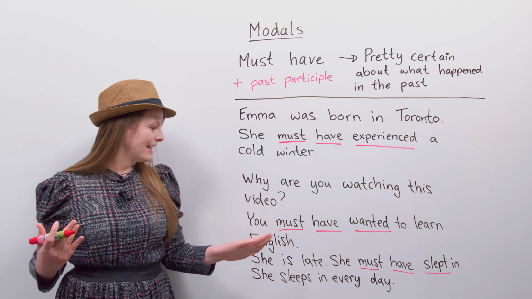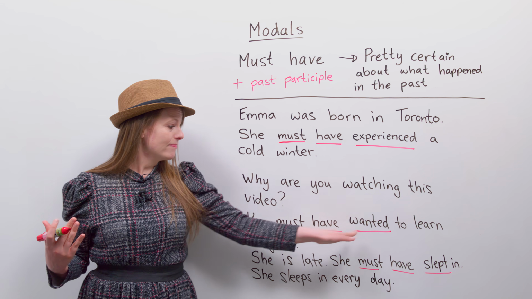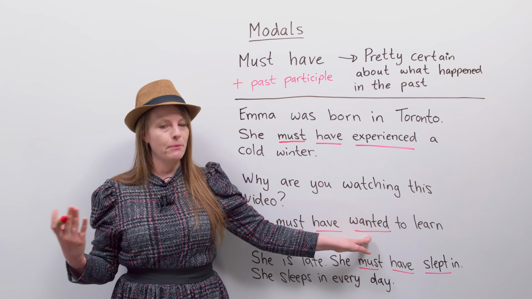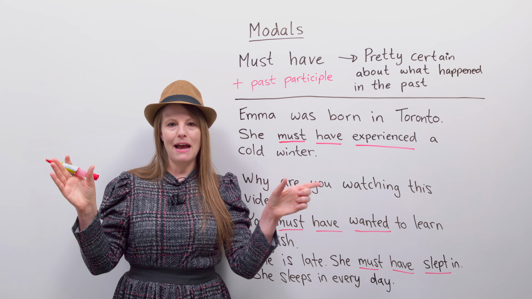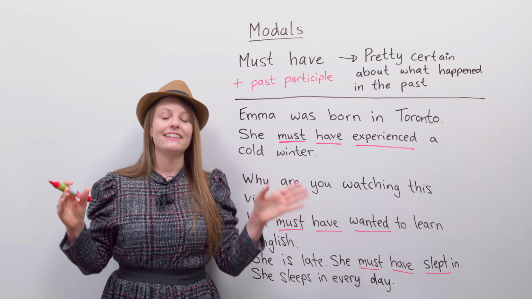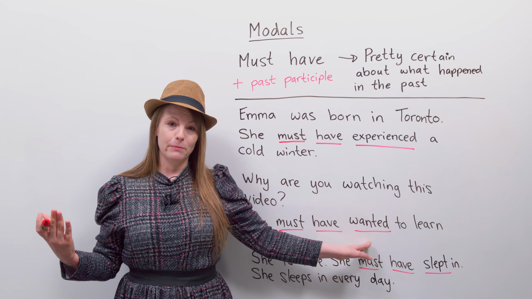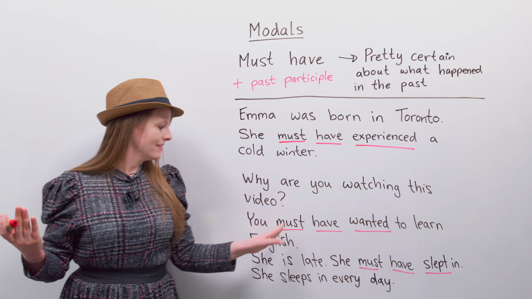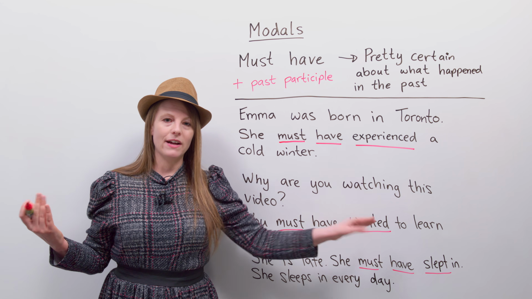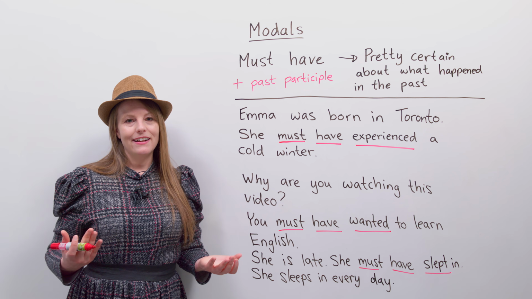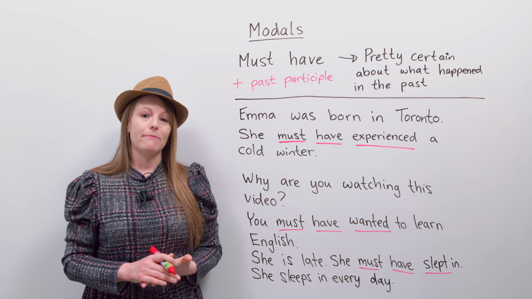So because of that, I use must have. And the third form, or the past participle, third form, past participle are the same thing. So wanted is an example of the past participle of want. You must have wanted to learn English. So that's an example of must have.